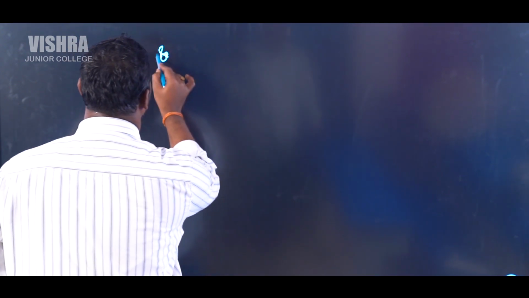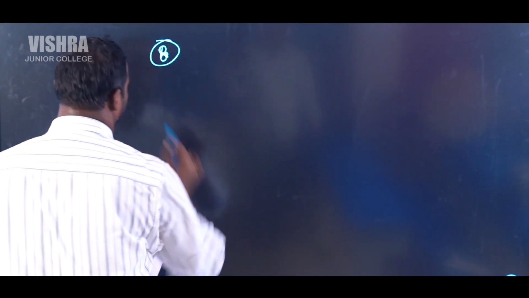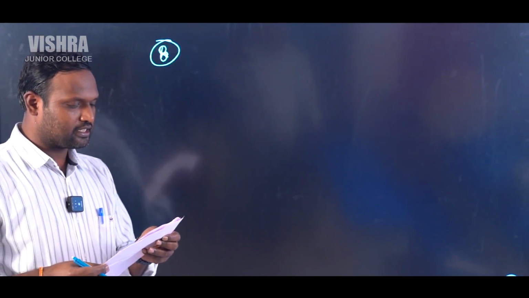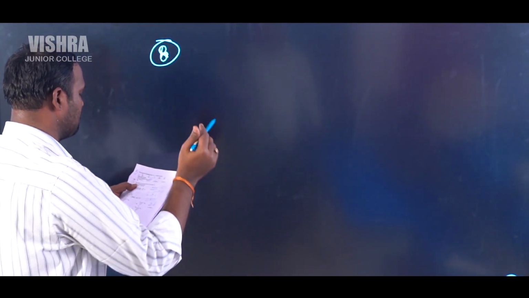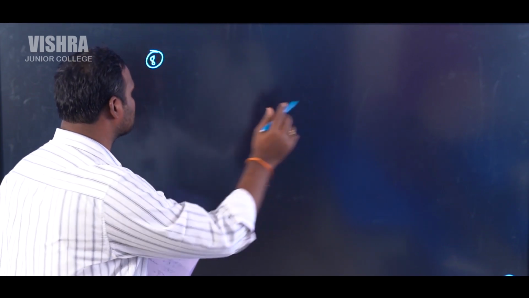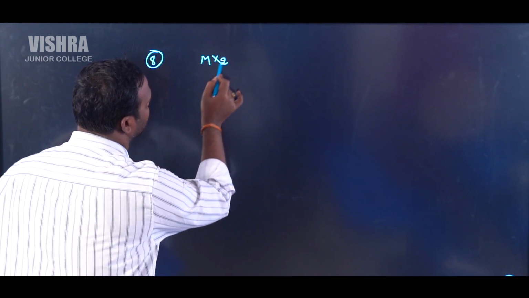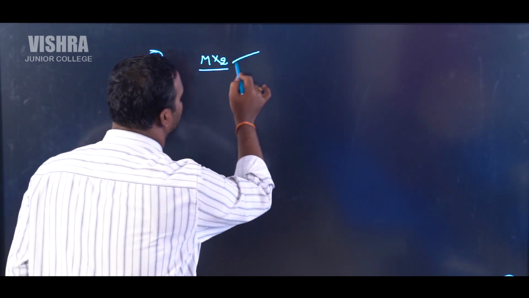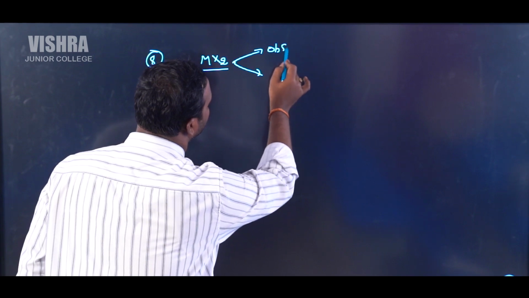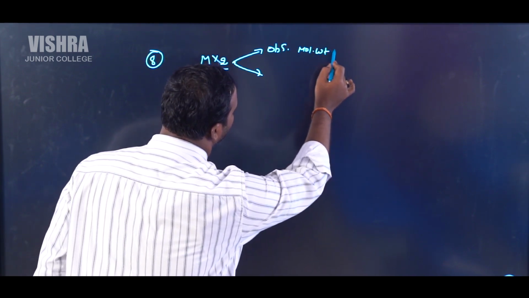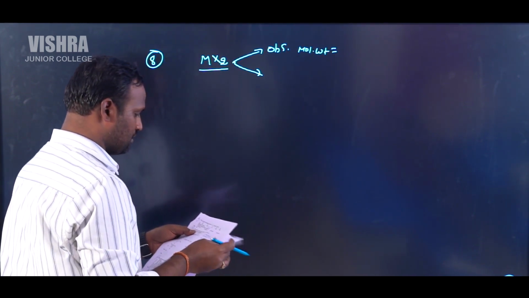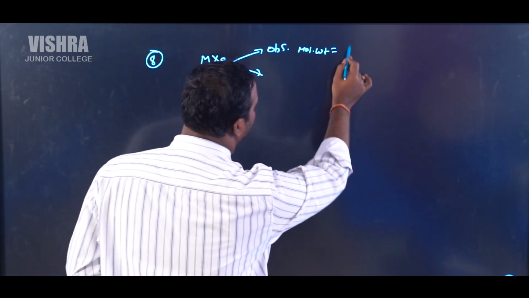Next question, number 8. In this case, the observed molar mass and normal molar mass of an MX2 molecule are given. Observed molecular weight is 65.6 grams.